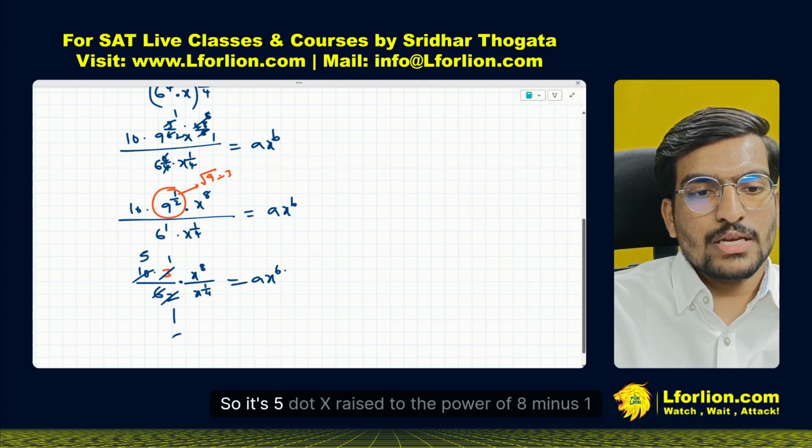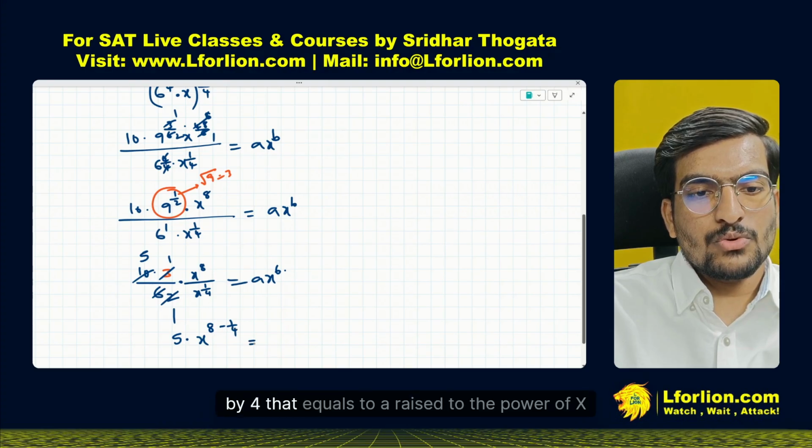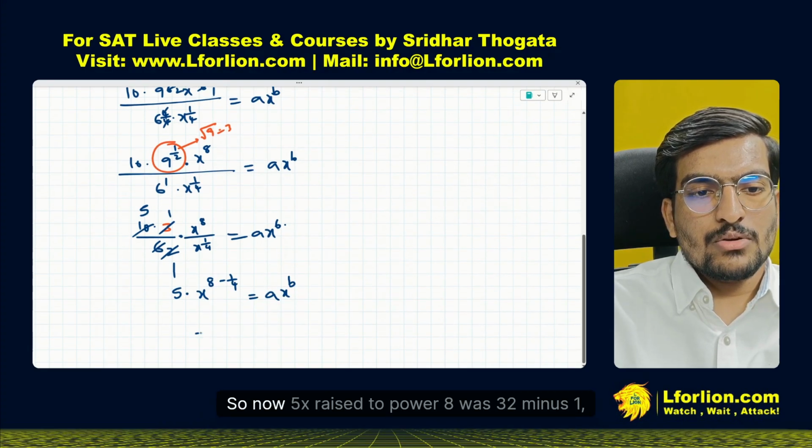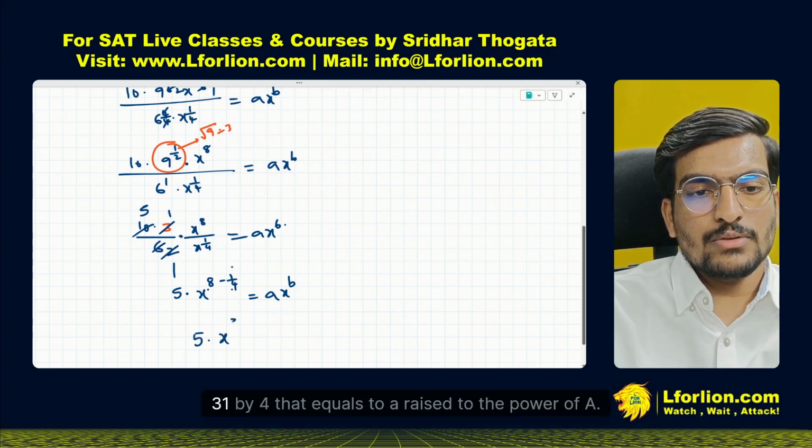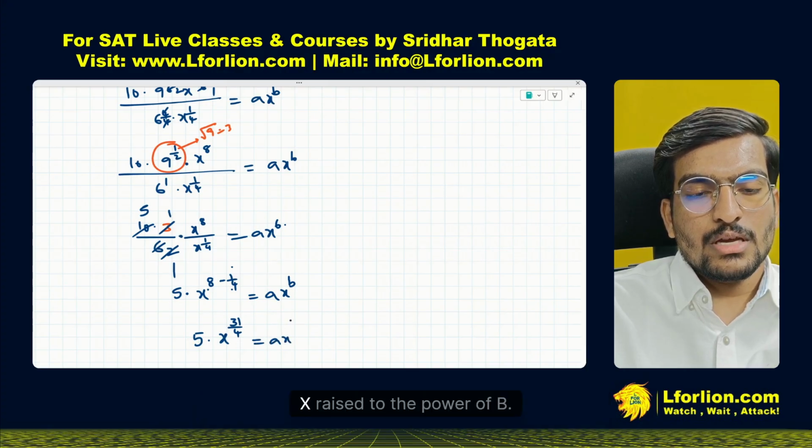So it's 5 times x raised to the power of 8 minus 1 by 4, that equals a x raised to the power of b. So now 5 x raised to the power 8 minus 1 by 4, 8 times 4 is 32 minus 1, 31 by 4, that equals a x raised to the power of b.